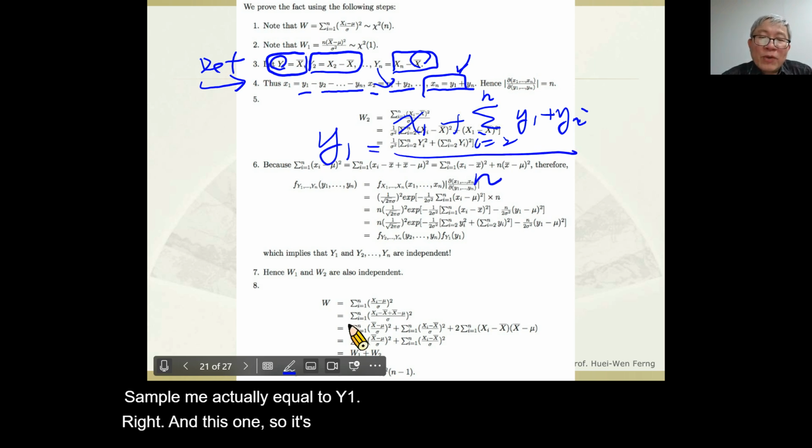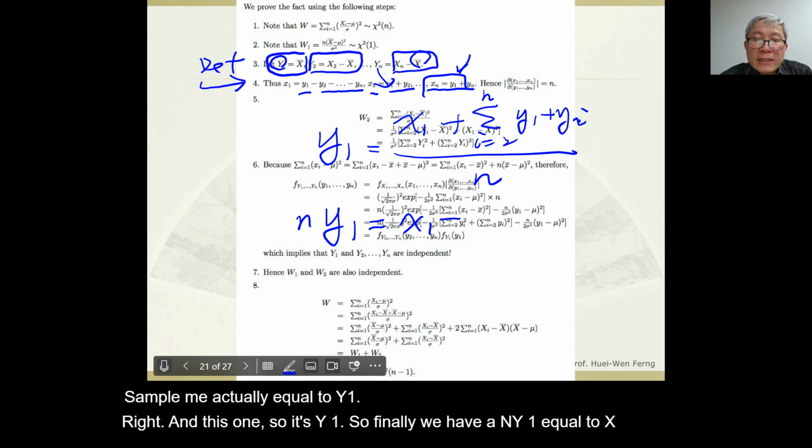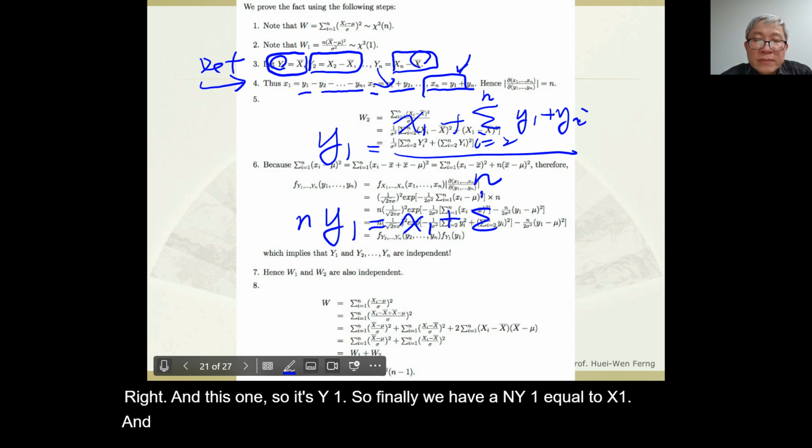So finally we have n y1 equal to x1 plus the summation of y1 plus yi.